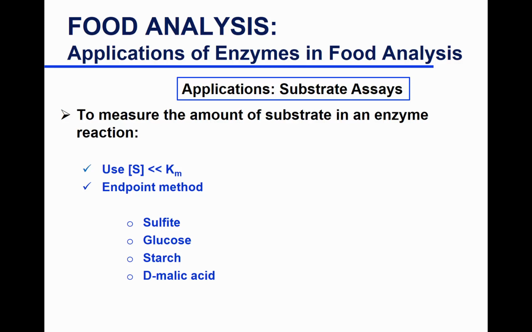So if I'm concerned about substrate concentration, I want to detect substrate concentration. Is it first order or zero order? It's first order. So you want the reaction rate to be dependent on the substrate concentration. That would be first order with respect to the substrate.